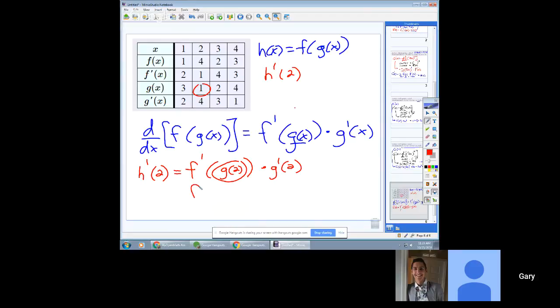Yep. So that gives me f prime of 1 times g prime of 2. F prime of 1 is 2. G prime of 2 is 4. So it looks like it should be an 8, according to the table.